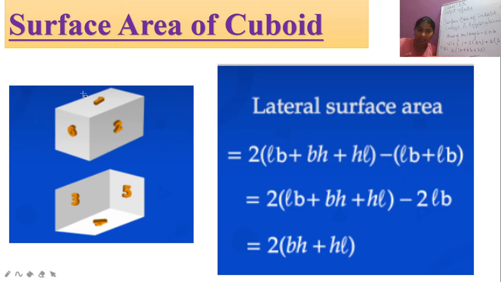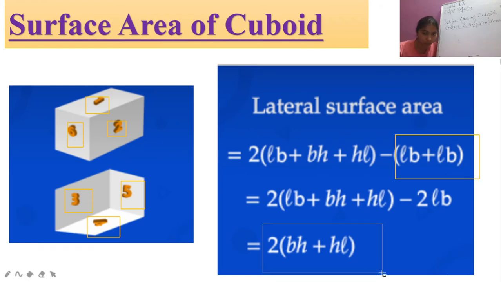If you want to leave any 2 faces, then you calculate the lateral surface area. For that, just subtract from the total surface area the 2 areas of length into breadth. At the end we get the lateral surface area. So these are the formulas you have to remember.